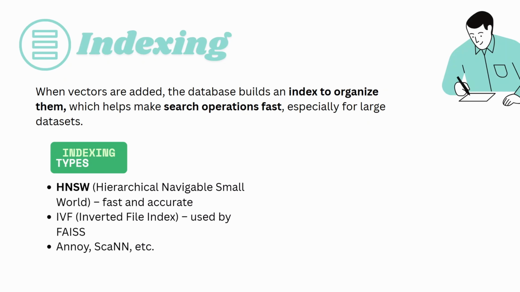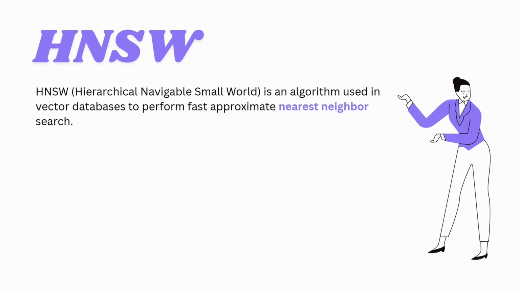So next, let's do a quick deep dive into HNSW just to understand how indexing works behind the scenes and how it helps retrieve information faster without scanning the entire database. HNSW stands for Hierarchical Navigable Small World. It's a graph based algorithm used by vector databases to perform fast and approximate nearest neighbor search.